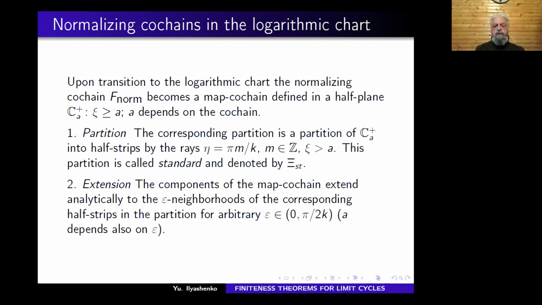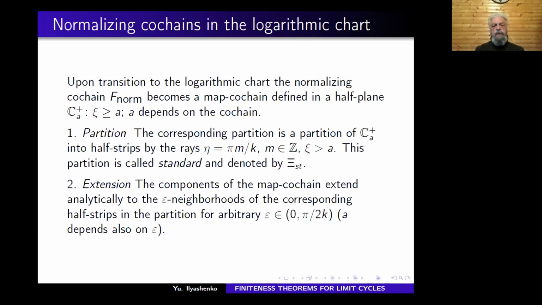Two components defined in two adjacent domains, two domains with a common part of the boundary, are defined together in a neighborhood of this boundary curve. Their difference, the set of their differences, is called the coboundary of the cochain. And in what follows, requirements on this coboundary will be very important.